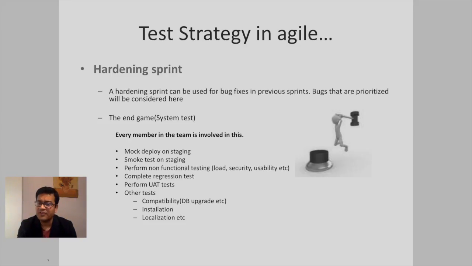Plus all different kinds of testing such as compatibility, database upgrades, software version upgrades, installation, and localization. These are the different kinds of testing to be done when we say hardening of a sprint. So it's like the final thing which you're going to deliver. Just make sure everything is intact and working fine.